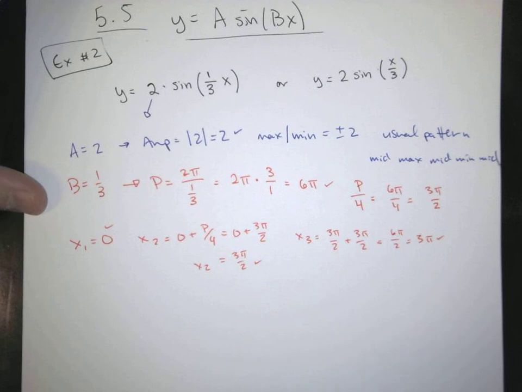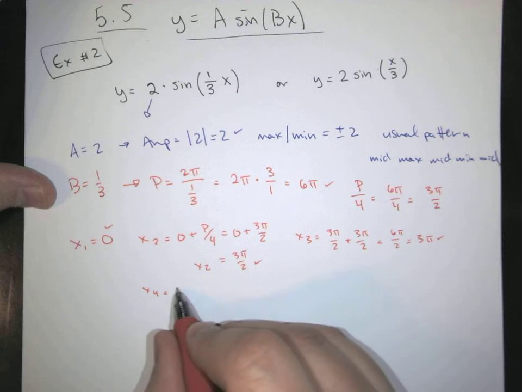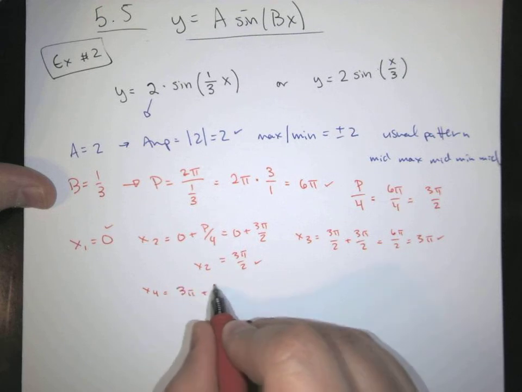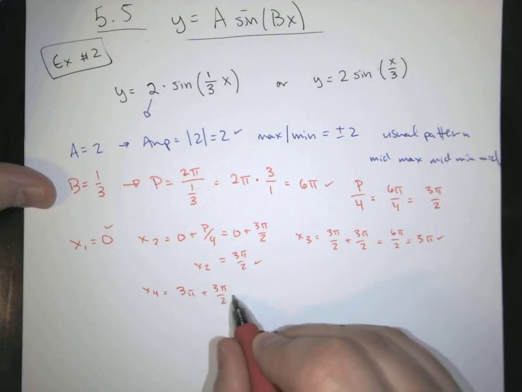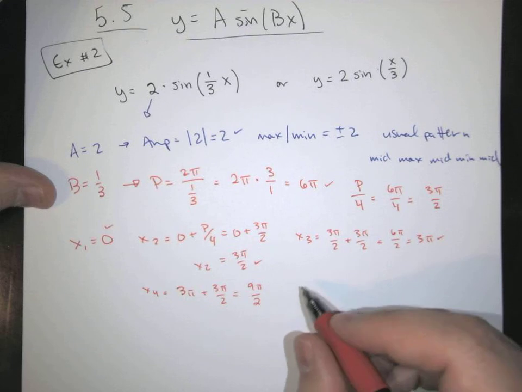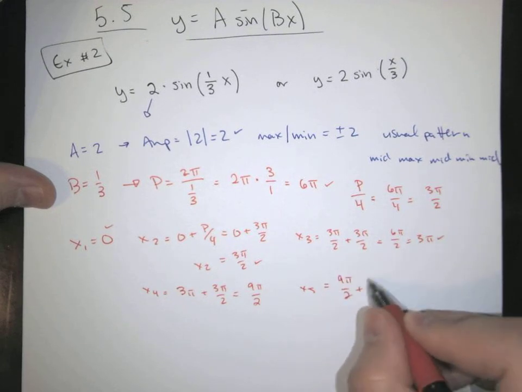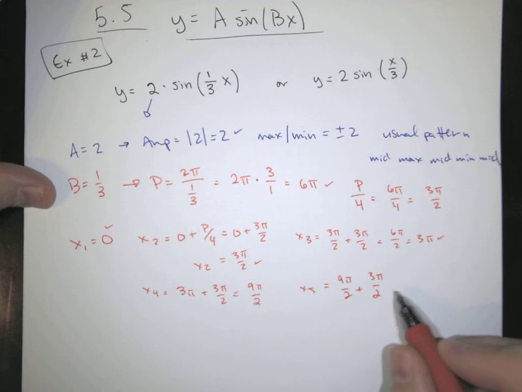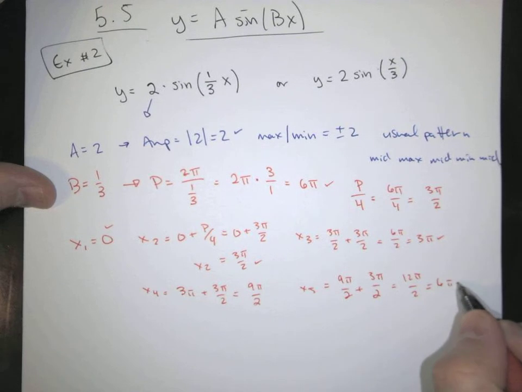That makes sense, halfway between 0 and 6 pi. The fourth point is 3 pi plus 3 pi over 2. This is 6 over 2 plus 3 over 2, so that's going to be 9 pi over 2, like 4 1/2 pi. Again, this makes sense. And last but not least, 9 over 2 plus another 3 over 2. So 4 1/2 plus 1 1/2 is going to be 6 pi, because 12 pi over 2 is 6 pi.